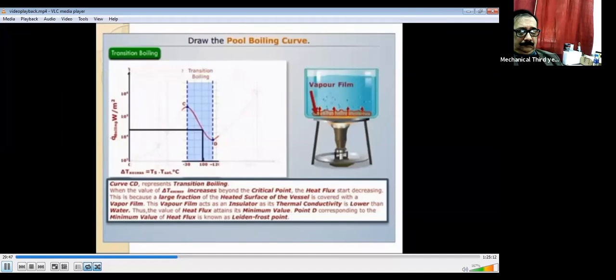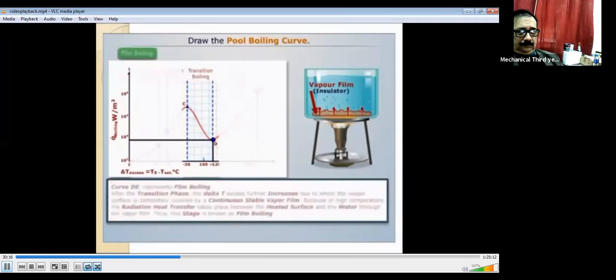This vapor film acts as an insulator as its thermal conductivity is lower than that of water. Thus, the value of heat flux attains its minimum value. Point D, corresponding to the minimum value of heat flux, is known as the Leidenfrost point. In curve C, both nucleate and film boiling take place partially. Thus, this stage is known as transition boiling.